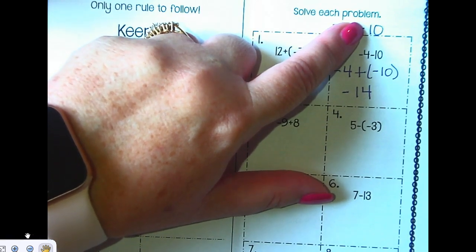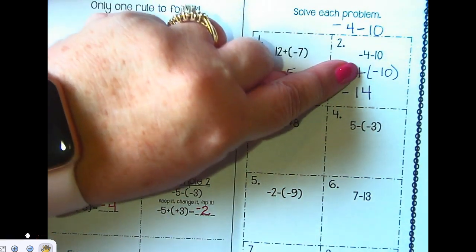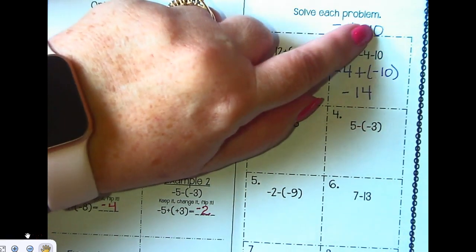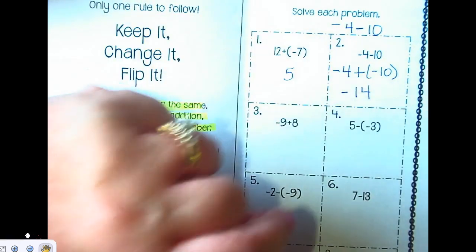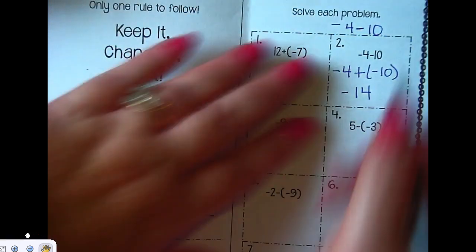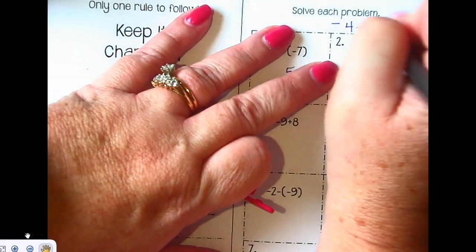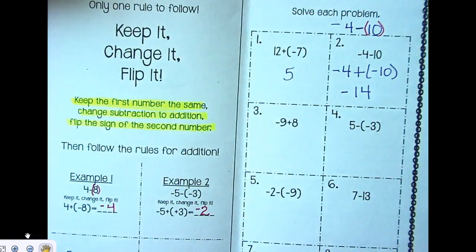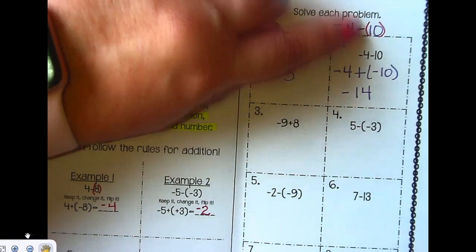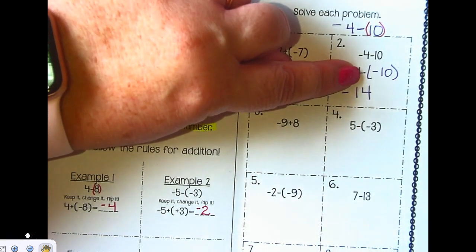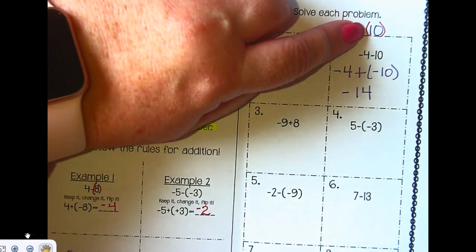So then when you rewrite it, the negative 4, the subtract becomes add, and that positive 10 becomes a negative 10. It's hard to see, but you really have to think about this as being separate from that subtraction sign. So if this is subtract, then that means we're changing that to add. So that means that subtract sign is not with that 10.